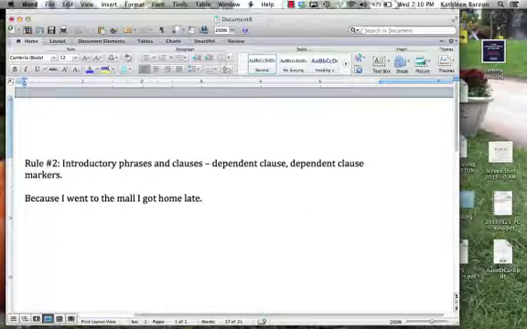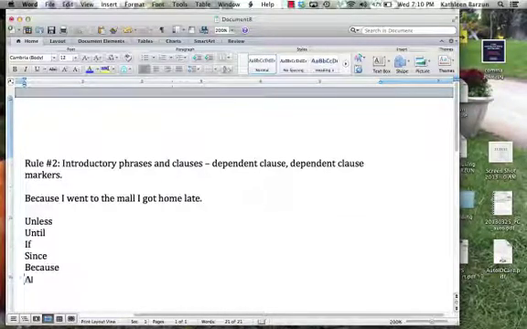And there are lots of dependent clause markers: unless, until, if, since, because, although. Anytime you can add a word at the start of a sentence and make it need more information. Although I went to the mall, if I went to the mall, since I went to the mall, you can see how all of those single words turn that independent sentence into one that requires more information.